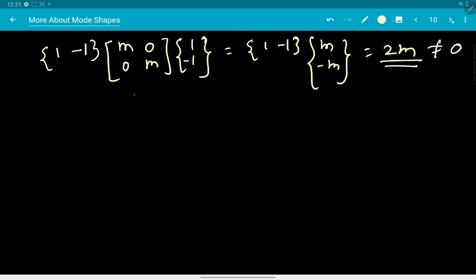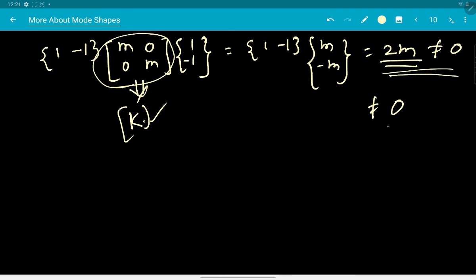Similarly, you can try it on the k matrix by replacing this m matrix by k, and you will be able to see that that also is not equal to 0. And what is the meaning of these non-zero values that we get over here, we are going to see in the next class. However, for today's class you need to appreciate that modes have got orthogonal property.